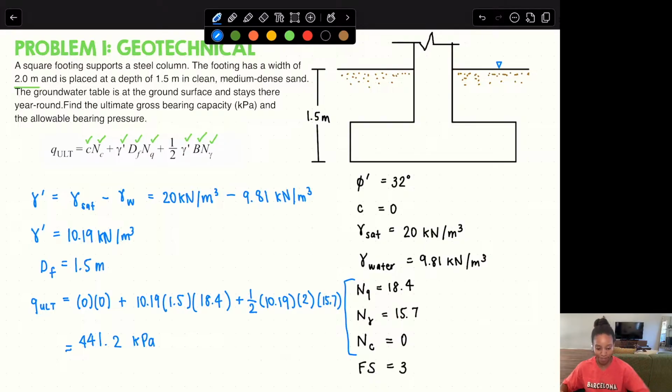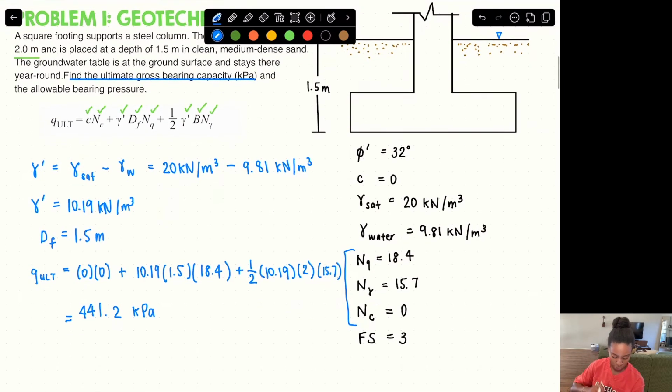All right, so we found the ultimate bearing capacity, which was the first part of the problem. But now we need to find the allowable bearing pressure. Ultimate is obviously the most force that the soil will be able to withstand. But when you're designing things as an engineer, you don't want to go all the way to the end of the spectrum.